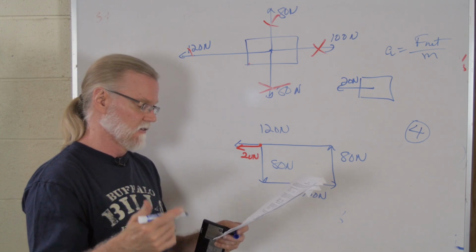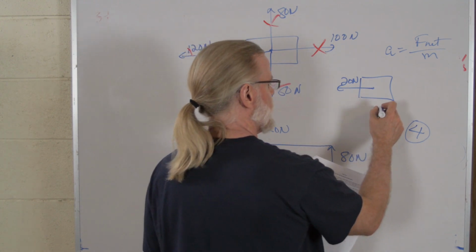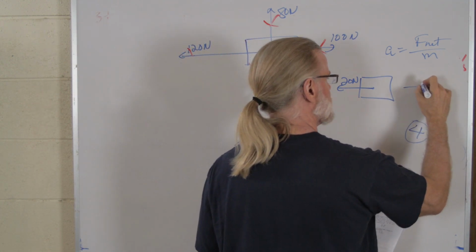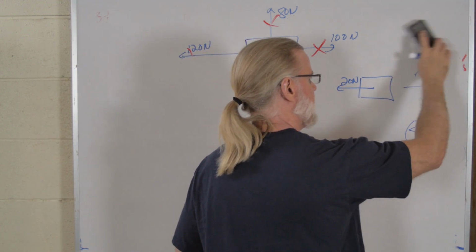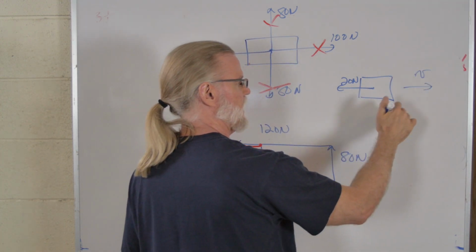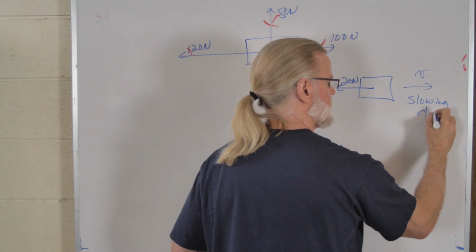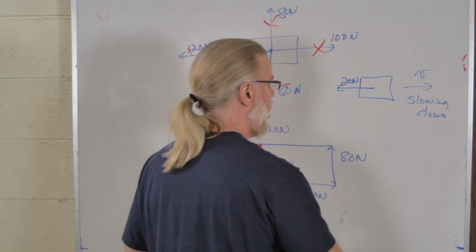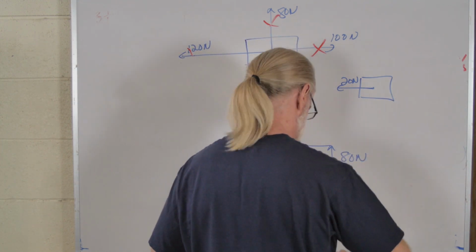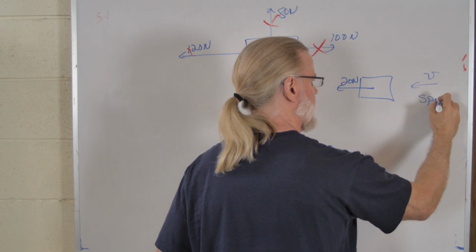Accelerates to the right? No, it accelerates to the left. All right? So this could be moving this way, we could have a velocity this way, in which case, if it was doing that, it would be slowing down, right? It could be moving this way and slowing down. Or it could be going this way and speeding up.